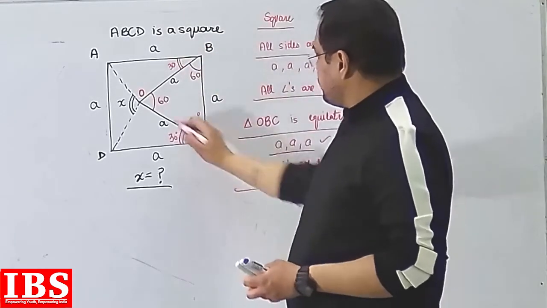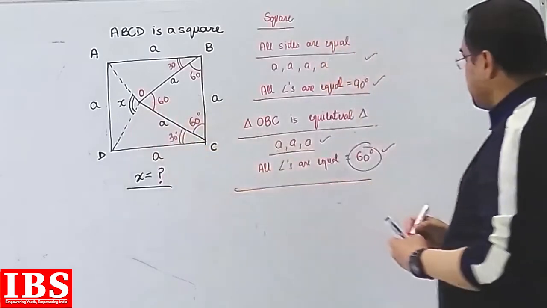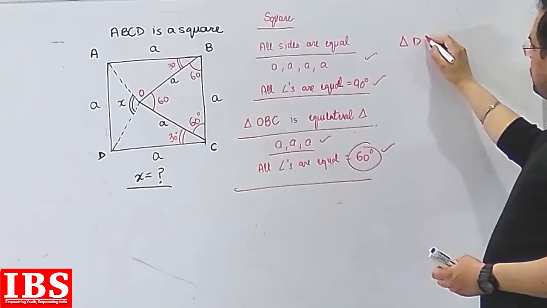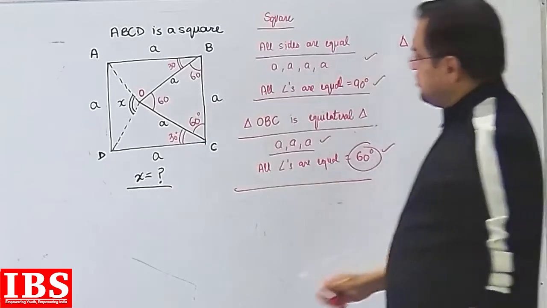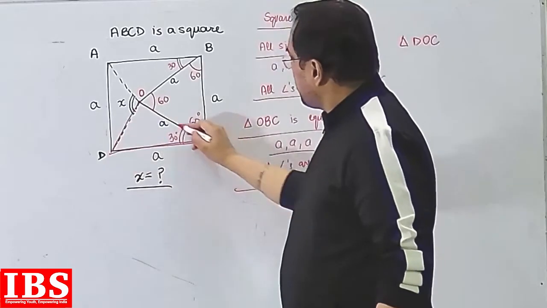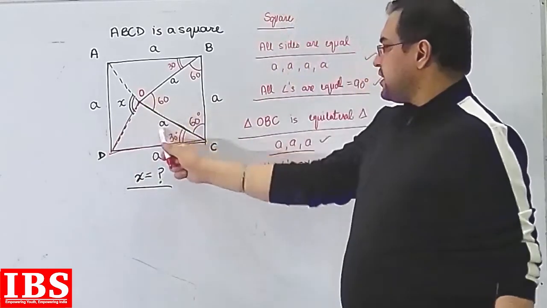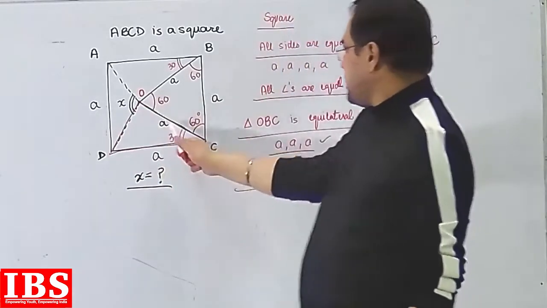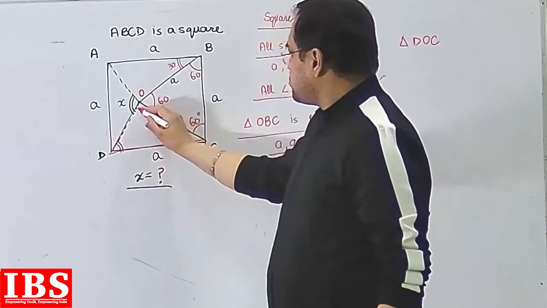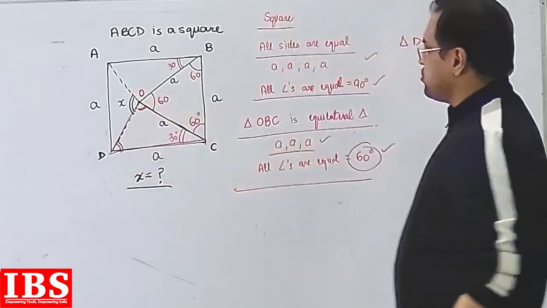So let us see now this triangle. I'm taking triangle DOC. This triangle DOC, students. This triangle has two equal sides, A and A. So the angle opposite to this is this, and the angle opposite to this is this. So they will both be equal.